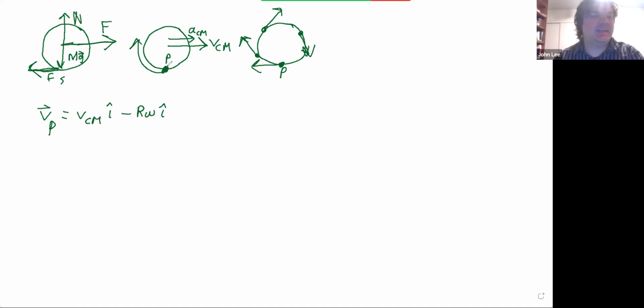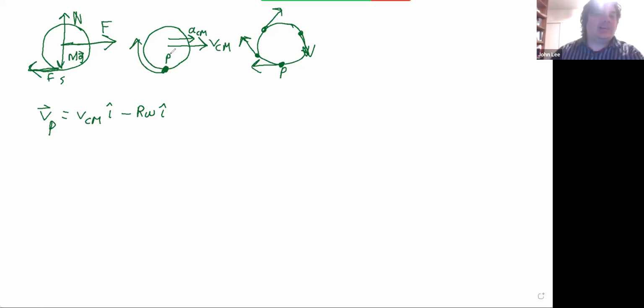It's going to be standing completely still, because it's not moving forward, it's not moving back, it's just moving around the circle and then forward with the center of mass. So if it were slipping, then it would have a net velocity at that point P, but there is no net velocity, therefore it's rolling without slipping.